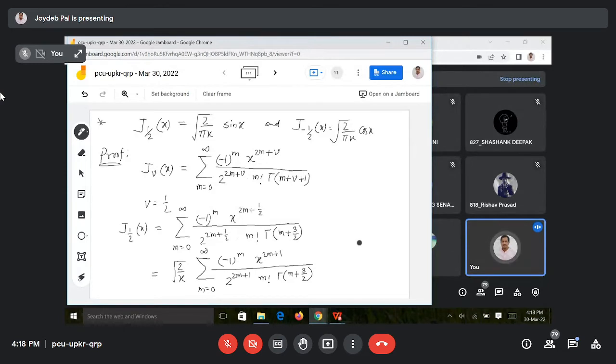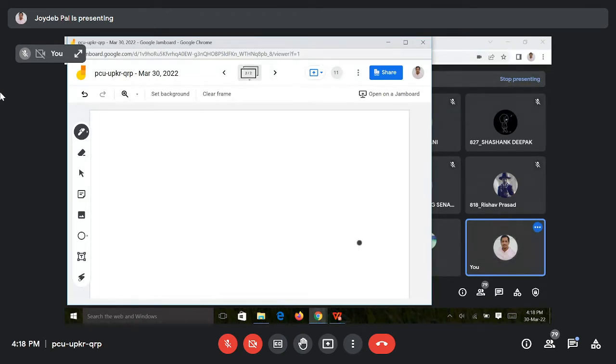Do you know what is the series for sin x? Summation form? What is the series for sine x? That you should know. x minus x cube by factorial 3 plus x to the power 5 by factorial 5 minus x to the power 7 by factorial 7 and so on.